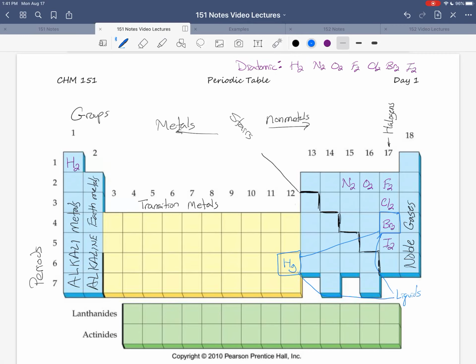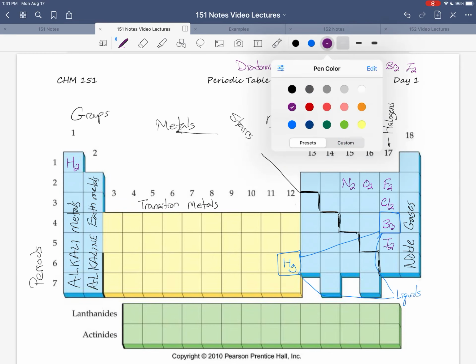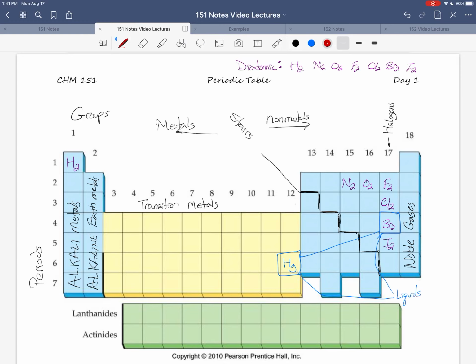All right. Now, a lot of the elements have charges that they like. So group 1 likes to be +1. Group 2 likes to be +2. Sc likes to be +3.